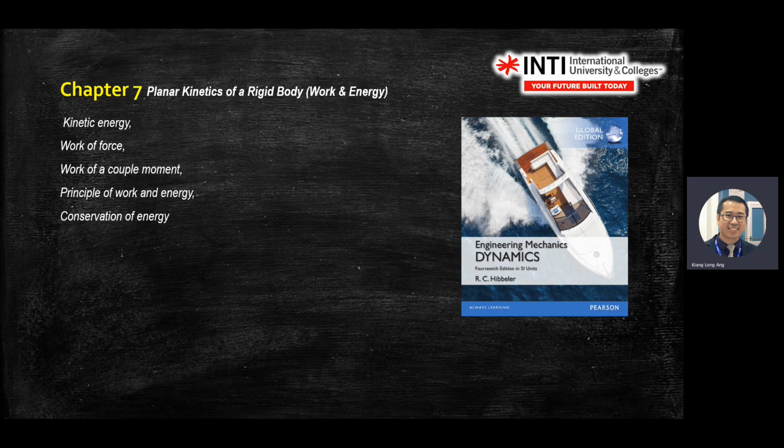So kinetic, half mv squared. In rigid body, you deal with angular velocity and angular acceleration. In half mv squared, the v is actually your velocity, and you always use the tangent velocity.